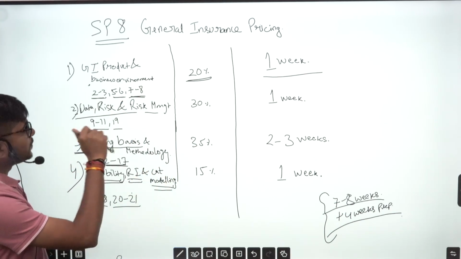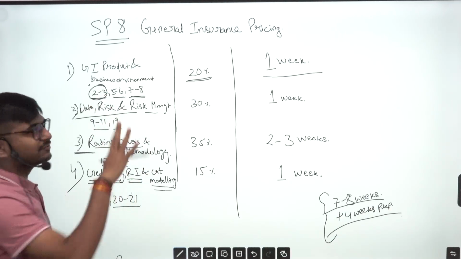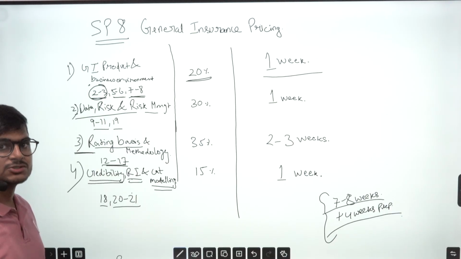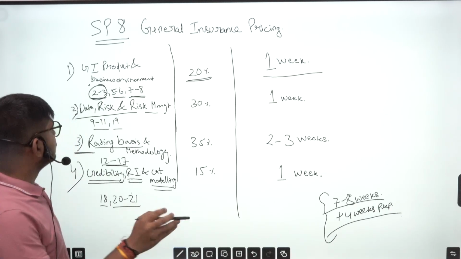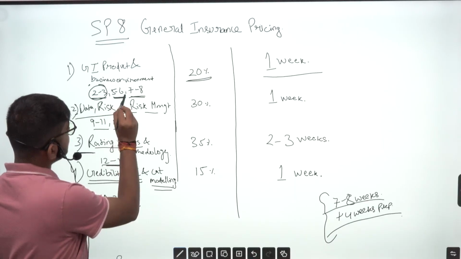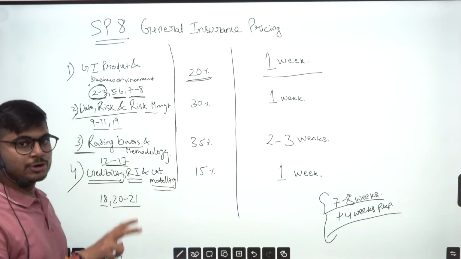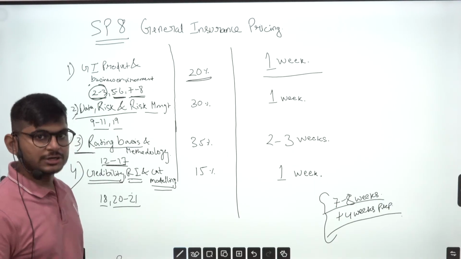If you look carefully, this one is a very quick read, chapter 2 and chapter 3, just the background of general insurance and the products you are going to deal with. And chapter 5 and 6 are a bit more important from a numerical point of view as well as from a theoretical point.